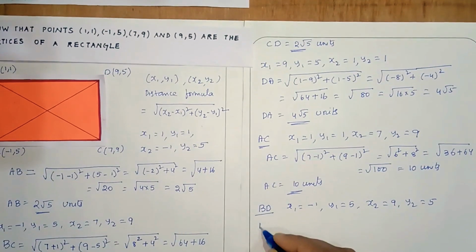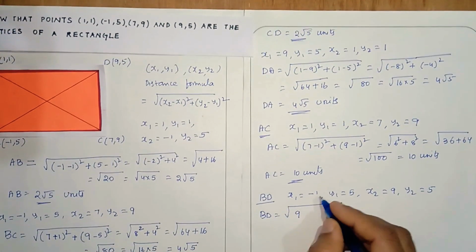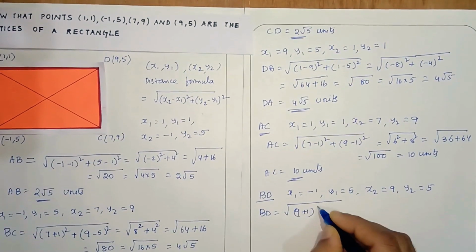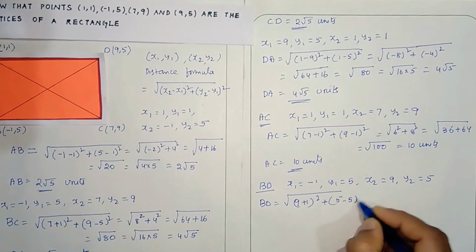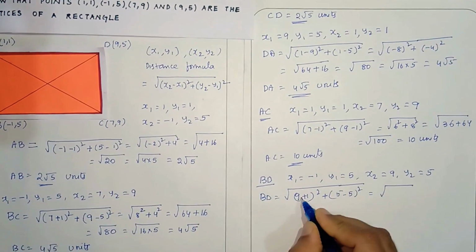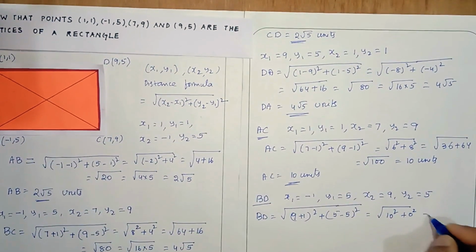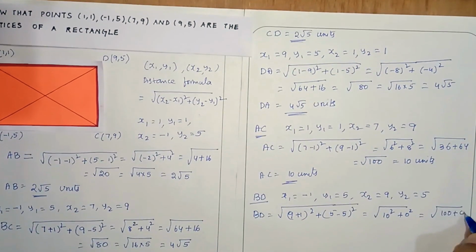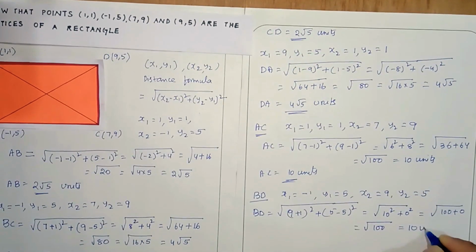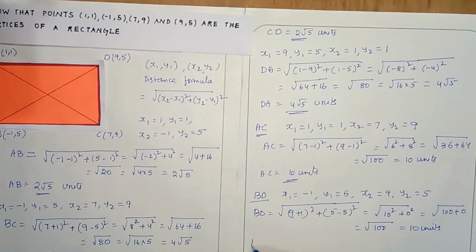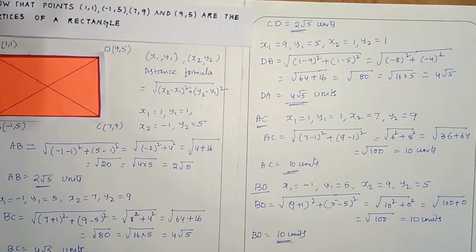Therefore, the length of BD is root of (x2 minus x1), 9 minus of -1, that is 9 plus 1, 10 square, plus (y2 minus y1), 5 minus 5, 0 square. 100 plus 0 is 100, root 100 is 10 units. Therefore, the length of BD is 10 units.